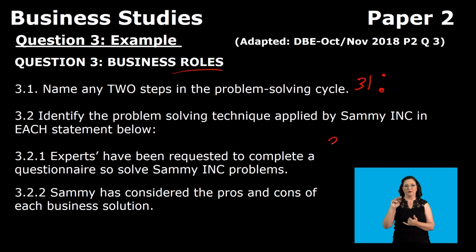Then you'll say your 3.2.1. Experts have been requested to complete a questionnaire to solve Semi-Inc problems. You write your answer here, and then you come to 3.2.2. You also write the answer here. The problem solving technique. You're just giving the problem solving technique.